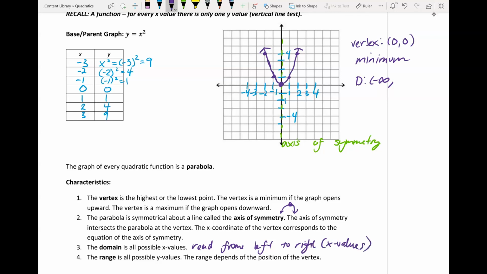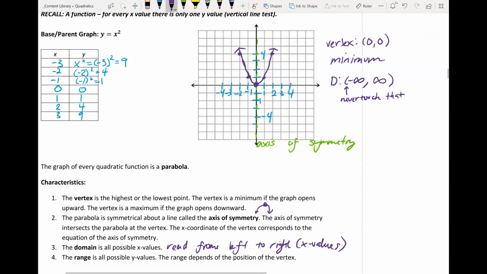And then if we look at our right side, we are going towards infinity because of this arrow. So then that is the other part of our domain. Notice that I have round brackets here. That's because we can never touch infinity. So we have round brackets because we never touch that point or that place.